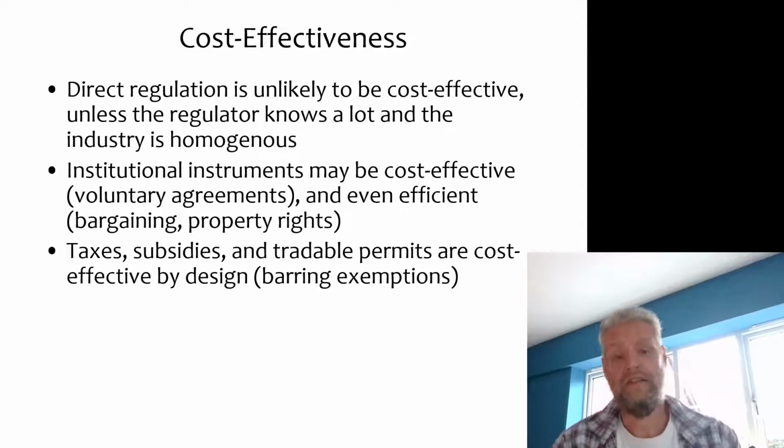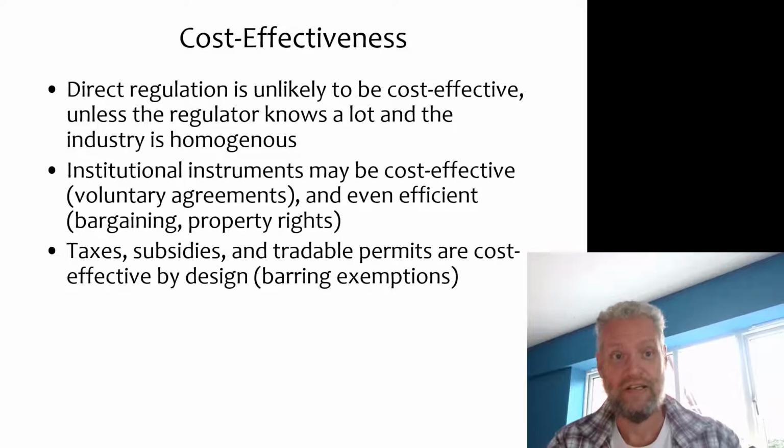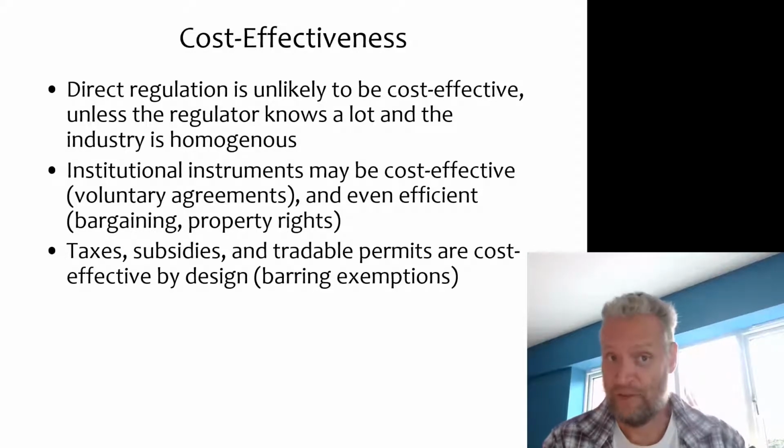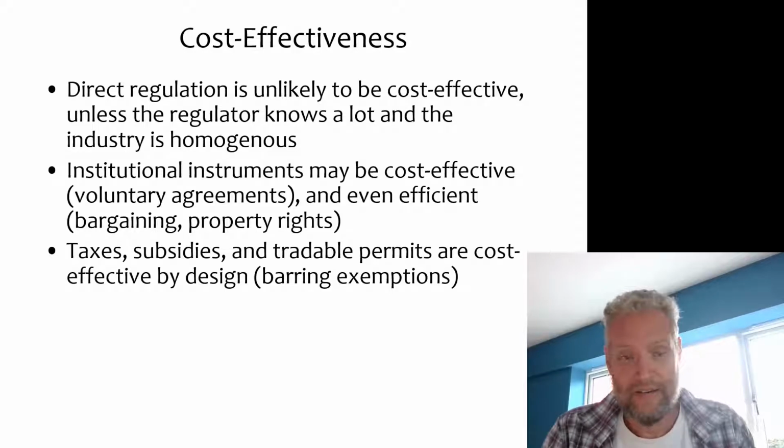Direct regulation, I argued before, is unlikely to be cost effective. It is unlikely that the regulator knows so much and is allowed to give everybody the exactly right target, so that costs at the margin are equalized.